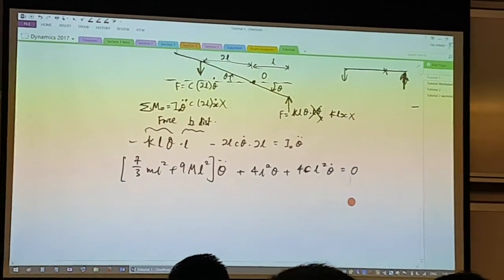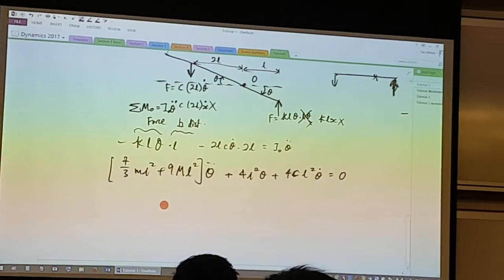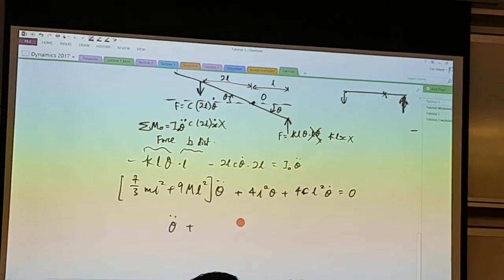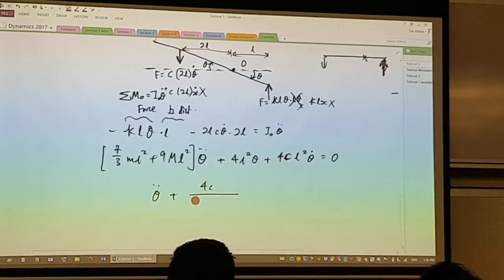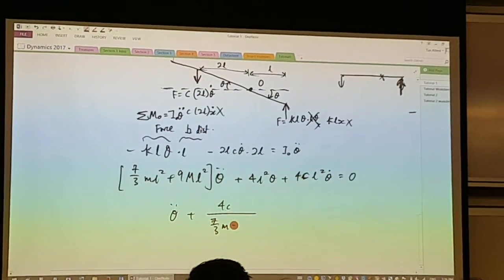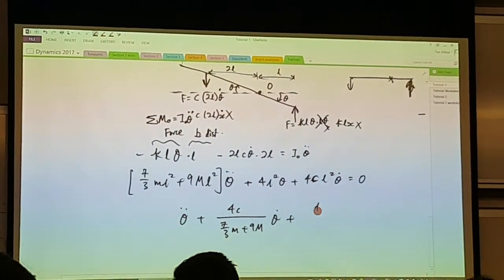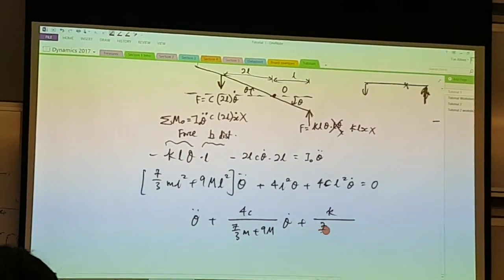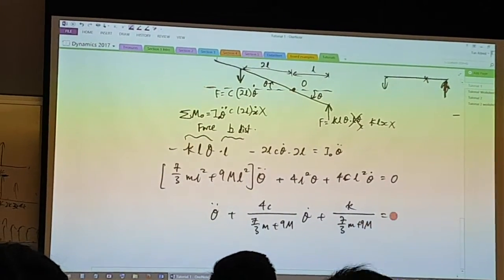So we can adjust everything by dividing it throughout by this coefficient. So you get theta dot dot plus 4C over 7/3m plus 9m theta dot plus K over 7/3m plus 9 capital M equals 0.